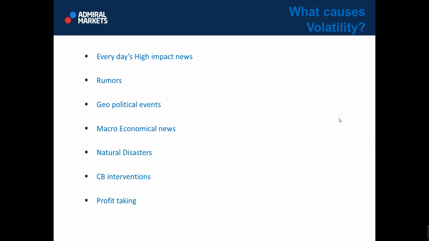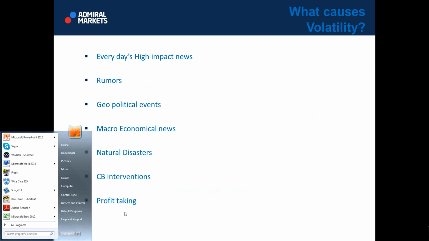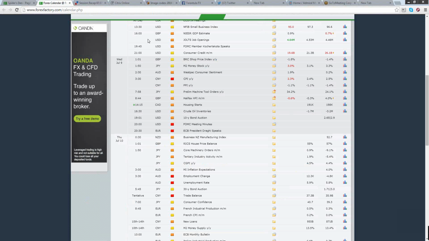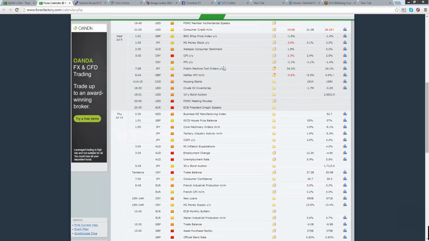What causes volatility? Volatility is caused by every day's high impact news. Well, today's volatility will be caused, of course, by FOMC minutes, then 30 minutes after, President Draghi will speak at the ECB meeting. So starting from 8 o'clock, 8:30, you will see high volatility in the Forex market.